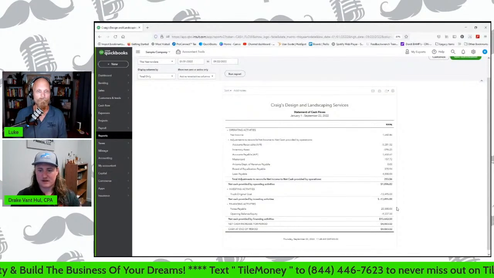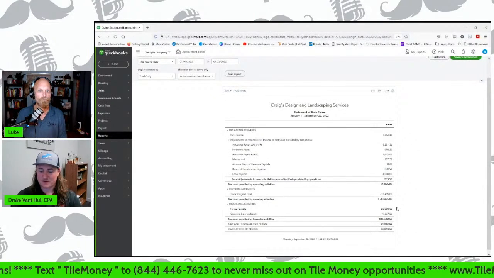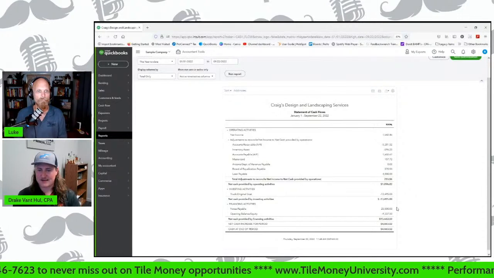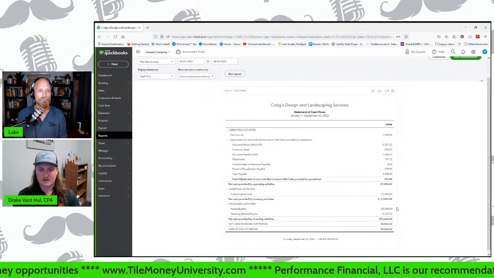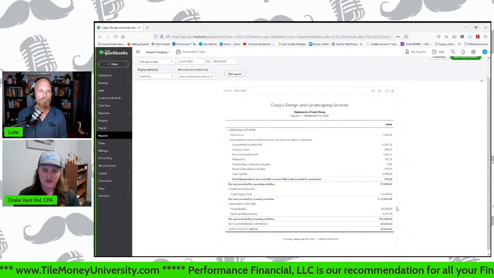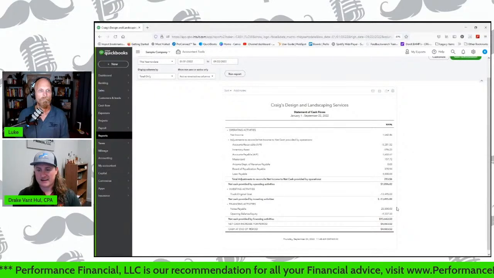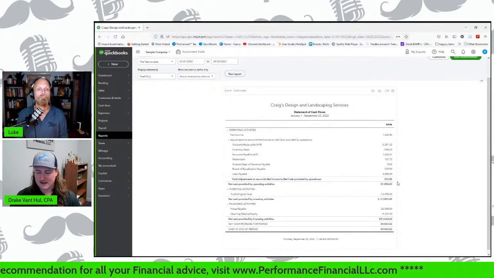What I want to make really clear, and why I think this statement of cash flows is really important, especially for you guys, is that one thing that is not an expense is debt payments, right? So if you look at your income statement, if you don't have any receivables, if you don't have any inventory, if you don't have any credit cards or payables, your income statement is going to mimic this statement of cash flows almost identically, right?